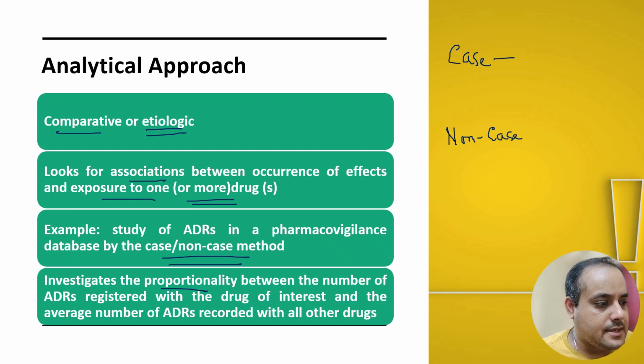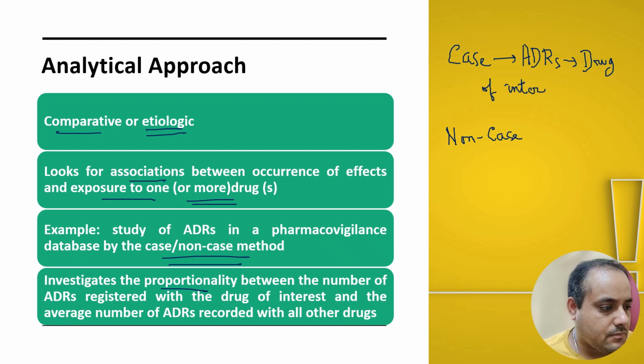So in case, we look for the ADRs that have been recorded in the pharmacovigilance database, the ADRs from the drug of interest. And the non-case will be the ADRs, the average number of ADRs that have been recorded with all other drugs.